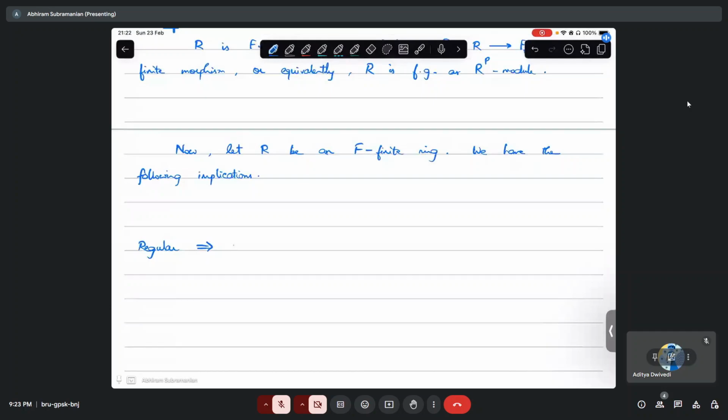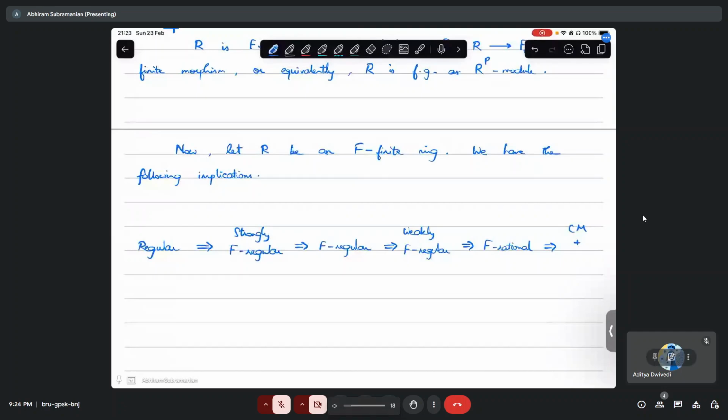I need something for that. CM plus normal plus product of domains. I guess normal rings are themselves product of domains, right? Should be. Yeah. So normal rings are themselves product of domains. So I think this is enough.